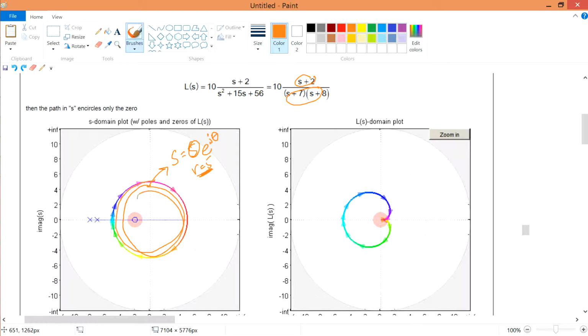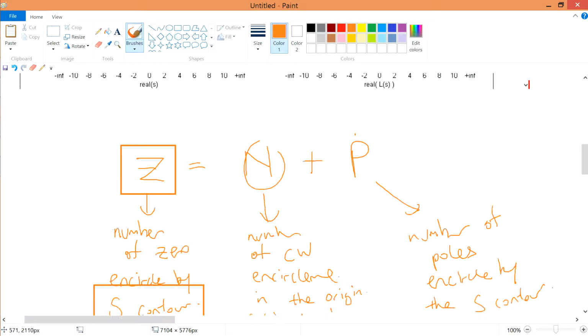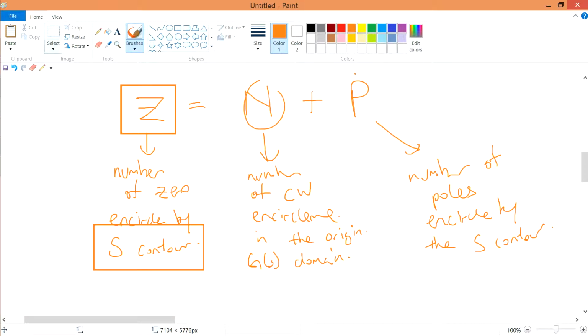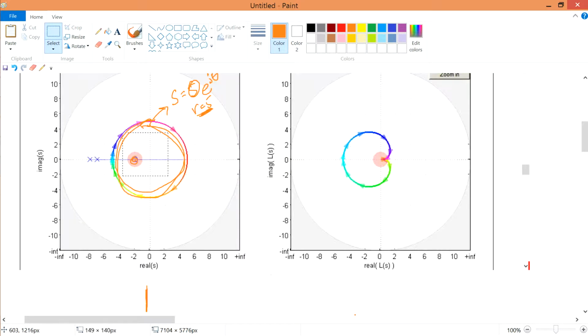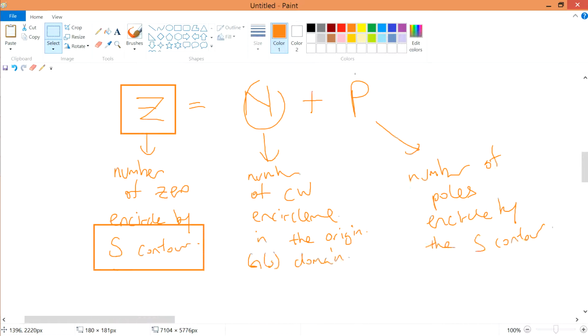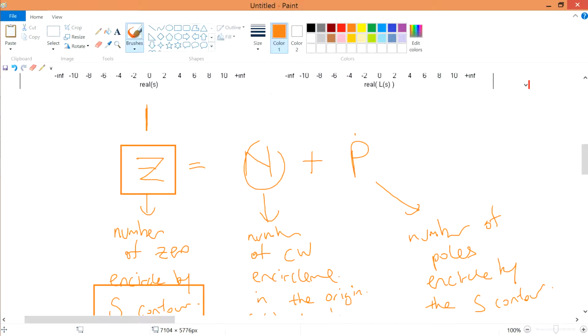Alright, so we're talking about only encircling this zero over here. So when you have a zero that is encircled inside this S contour, this means that I have one zero, or one Z, over here. This is by definition, right? The number of zeros encircled by the S contour. And then we have no poles encircled inside, right? And therefore we can simply say that P is equal to 0, and therefore N is equal to 1.